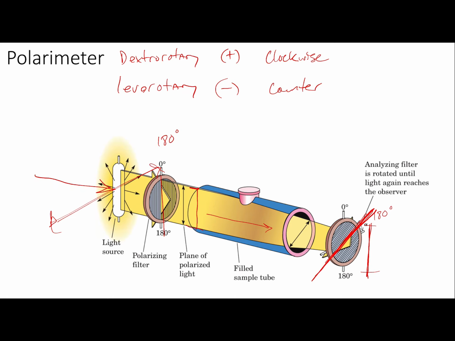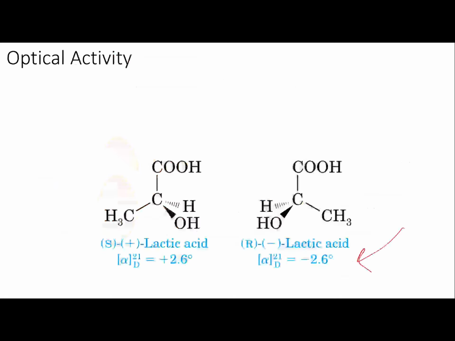Now, the specific rotation, given by, let's say, readings like this, is the observed rotation of an optically active substance at a concentration of 1 gram per milliliter in a sample tube that's 10 centimeters long. So specifically, we can set up tables that will give us this information.